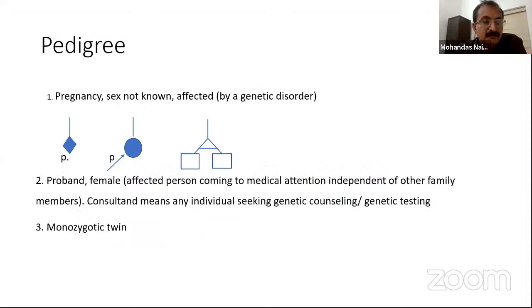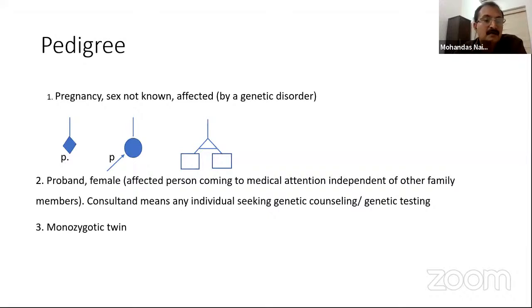The first thing, so first is pregnancy, and the diamond shape indicates that the sex is not known, and the shaded area means it is affected by a genetic disorder. And the second one is the proband. Proband means an affected person coming to medical attention independent of other family members. So here it is shaded, so it is an affected female coming for genetic opinion. Whereas a consultant means any individual seeking genetic counseling or genetic testing. It need not be an affected person.